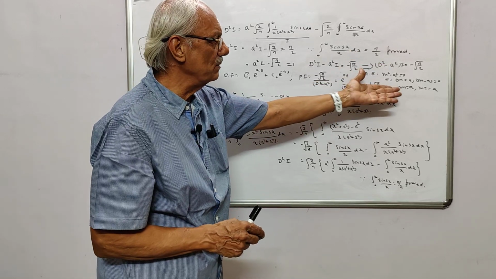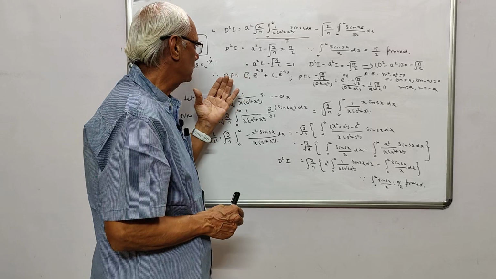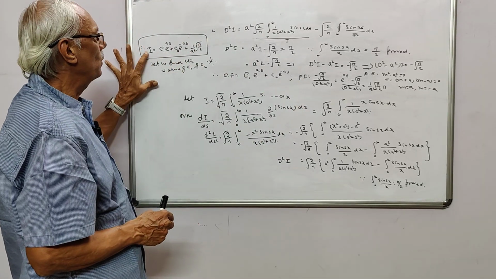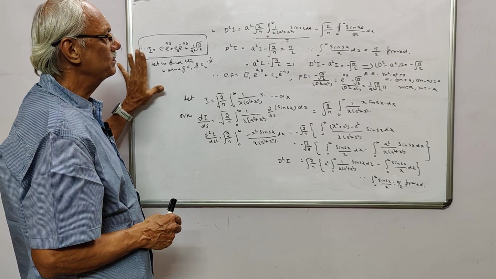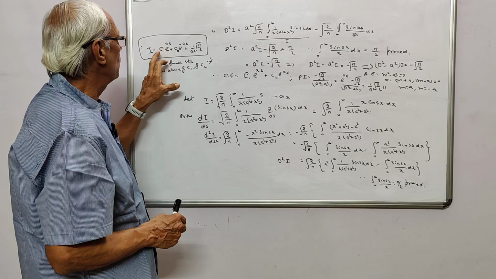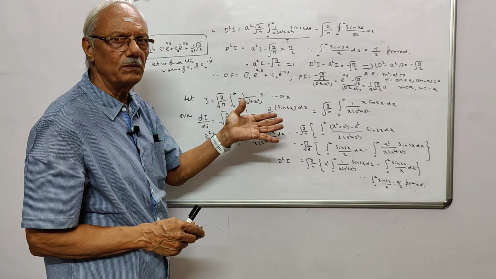This is a very simple differential equation of second order. I have got the complementary function, I have got the particular integral. The value of I has been got. But there you have got C1 and C2 whose values have to be determined. Are you able to understand?